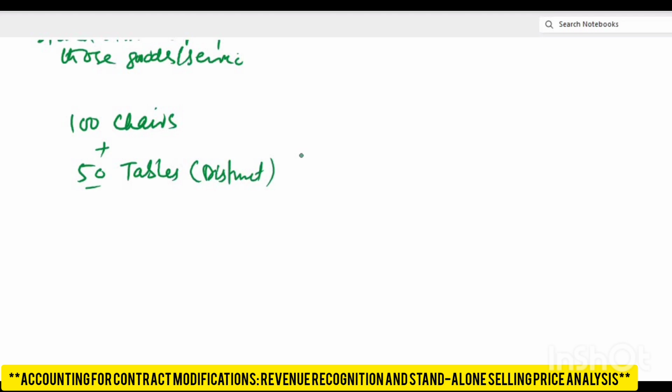So this contract will be your separate contract. Such a modification will be treated as a separate contract.